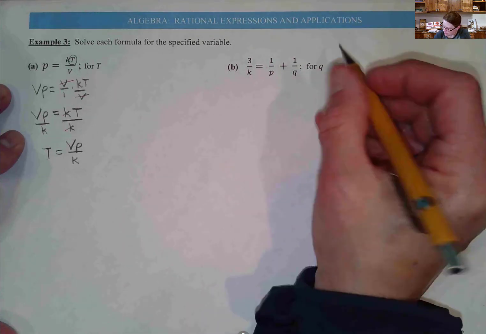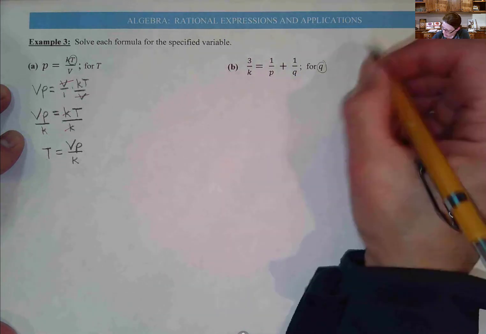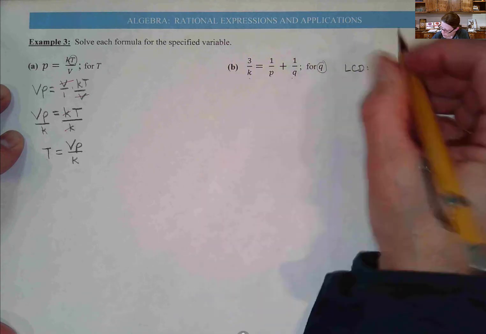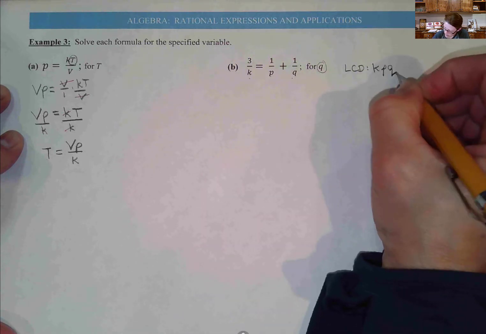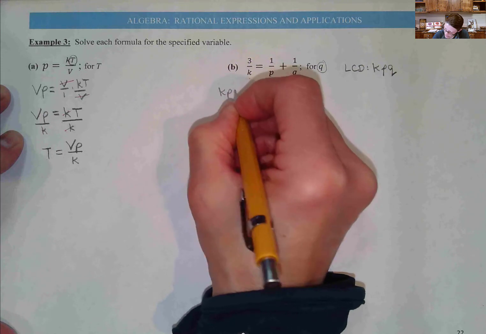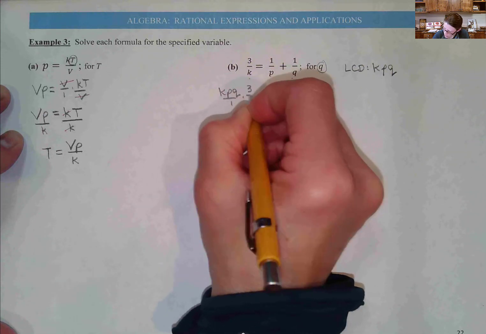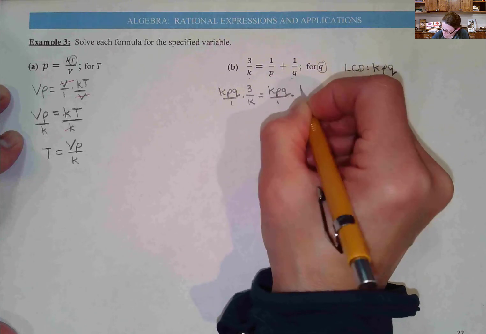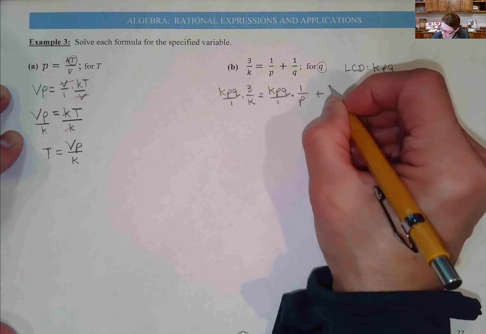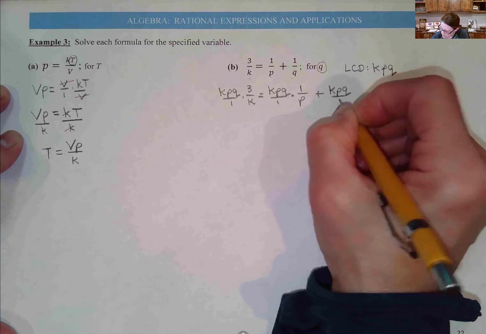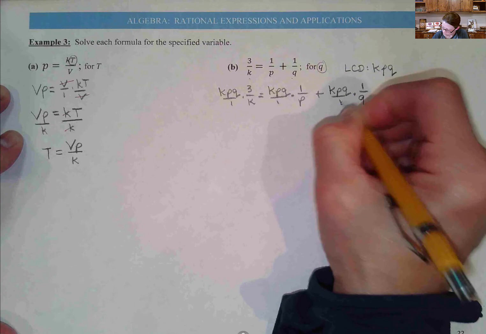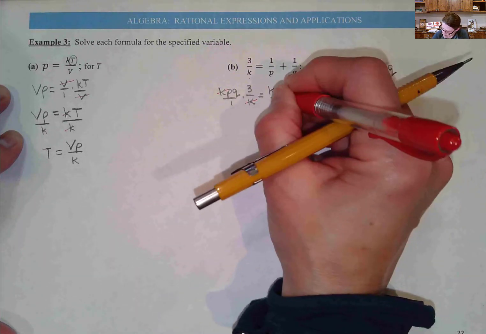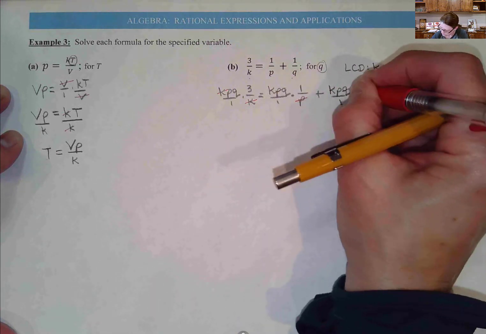In part B, we're going to solve for Q. Let's first multiply by the LCD KPQ. Each term, both sides. KPQ times 3 over K equal KPQ times 1 over P plus KPQ times 1 over Q. Divide your common factors, which is going to eliminate denominators.